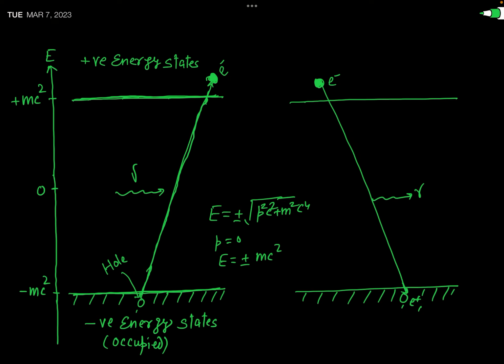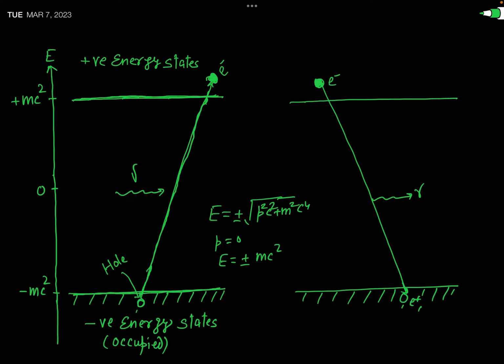This transition of an electron leaves a vacancy, and that vacancy is called a hole. I have marked this by a small hollow sphere. This is the hole. A hole is nothing, just the deficiency of an electron, or the vacancy created by the electron.